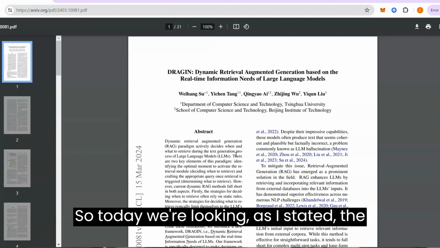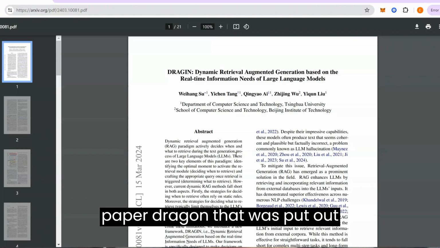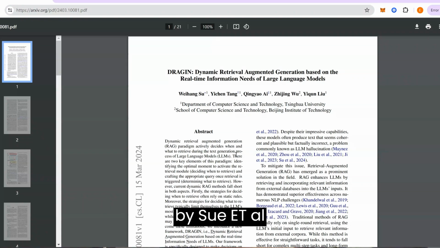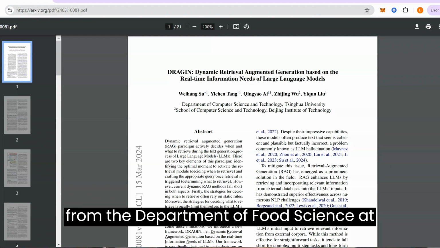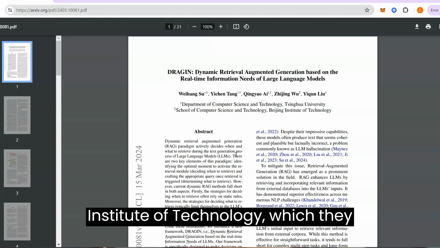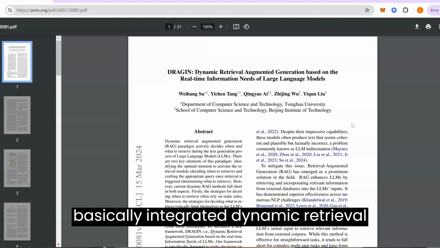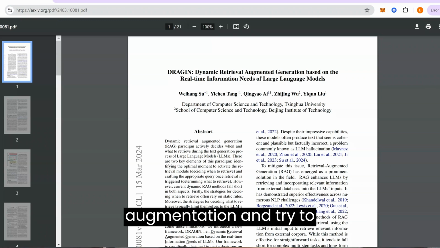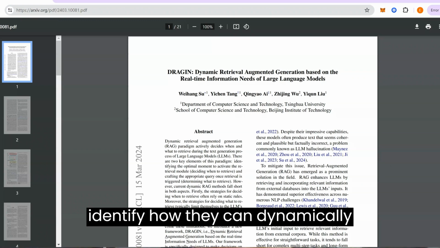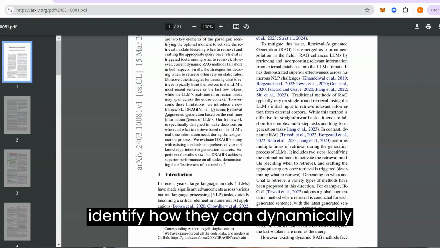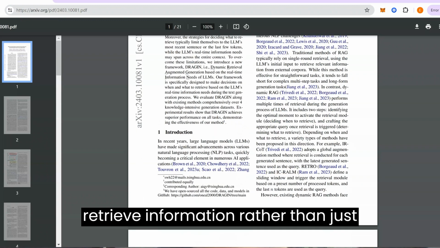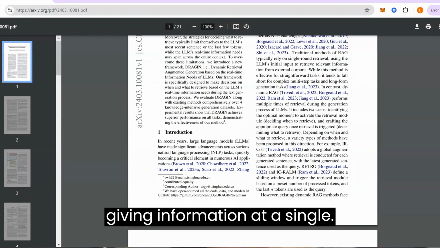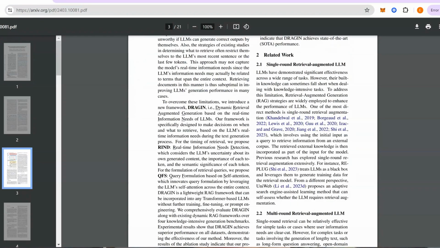So today we're looking, as I stated, at the paper DRAGIN, put out by Su et al. from the Department of Computer Science at Xinjiang University and at Beijing Institute of Technology, who integrated dynamic retrieval augmentation and tried to identify how they can dynamically retrieve information rather than just giving information at a single query.